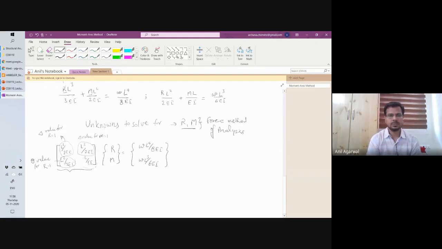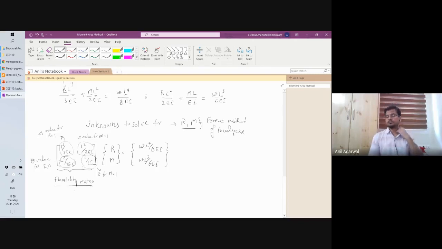This one I did not explain. This is basically theta for M is equal to 1. So this becomes your flexibility matrix.